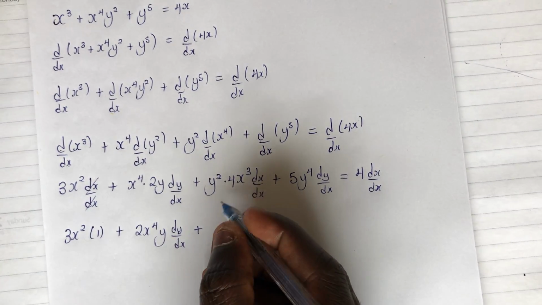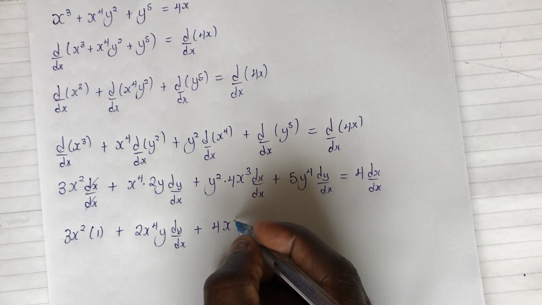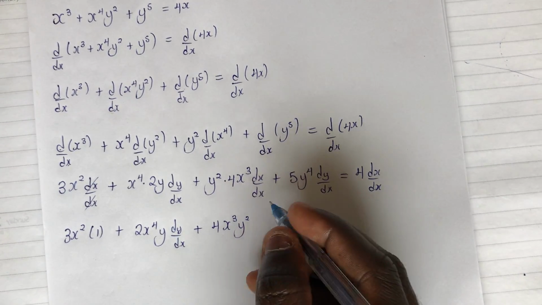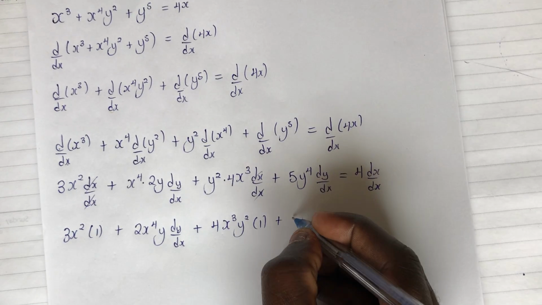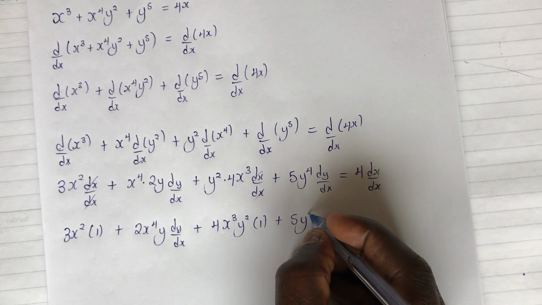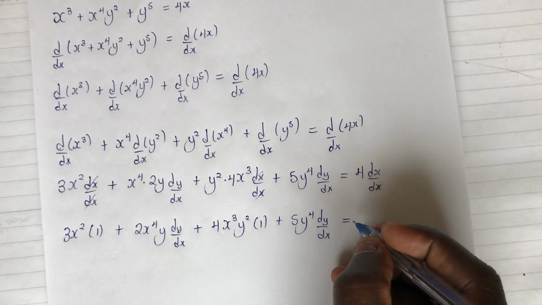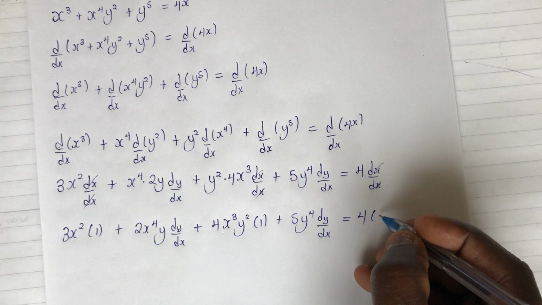So plus, there's 4 here, so let me write the x term first, 4x cubed y squared. The dx here will cancel, we have 1. Then plus 5y to the power 4 dy dx, and the 4 dx gives us 4.